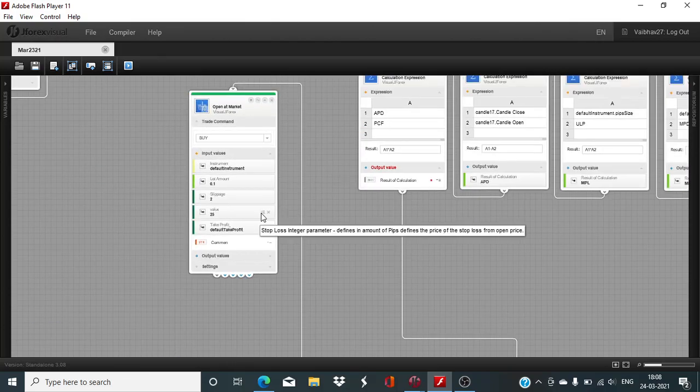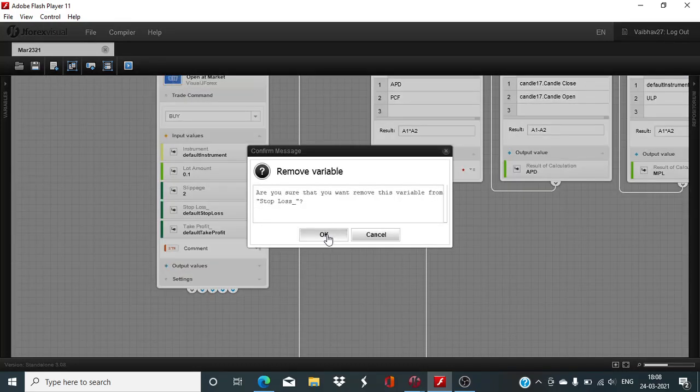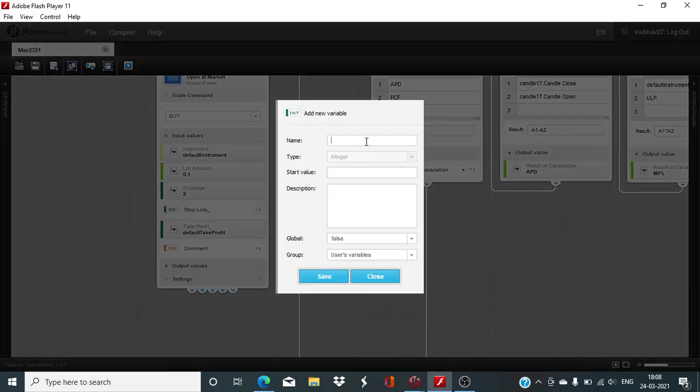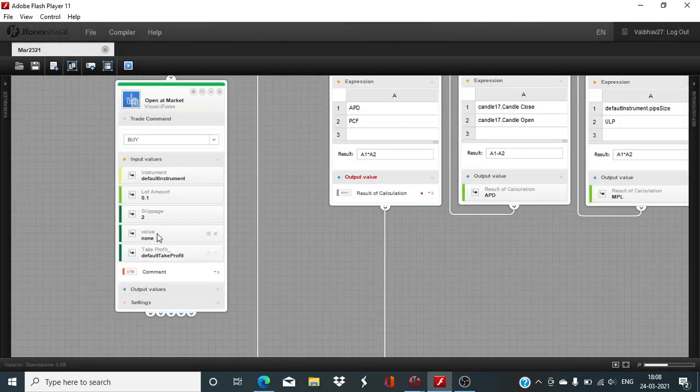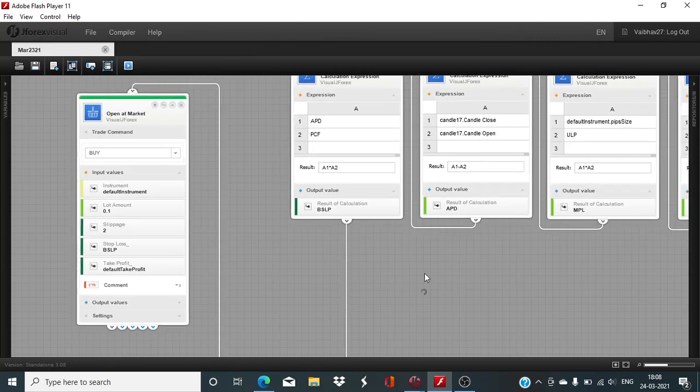Stop loss is going to be dynamic. We will name it VSL P and its value will be the result of this calculation, actual price difference multiplied by pip conversion factor.